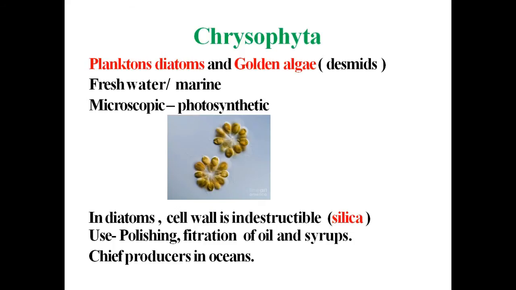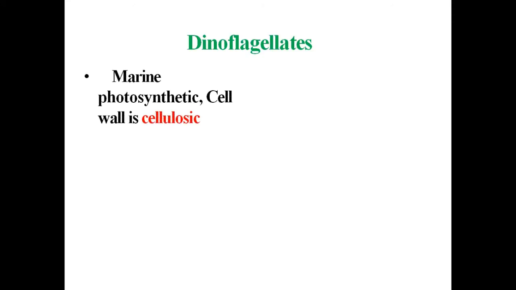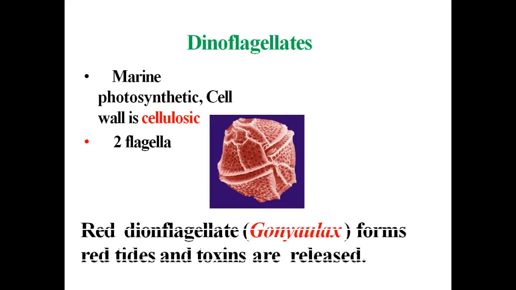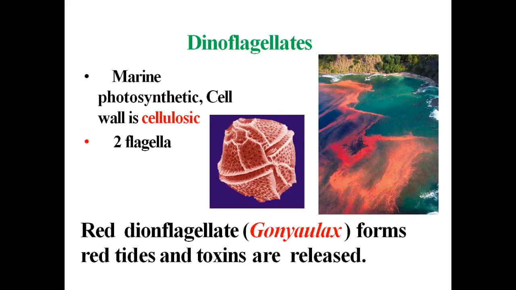The next one is dinoflagellates. These organisms are mostly marine and photosynthetic. Its cell wall is made up of cellulose. It has 2 flagella. Red dinoflagellates, that is Gonyaulax, undergo such rapid multiplication that they make the sea appear red, called red tides.